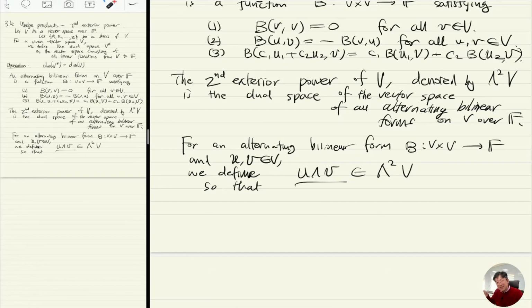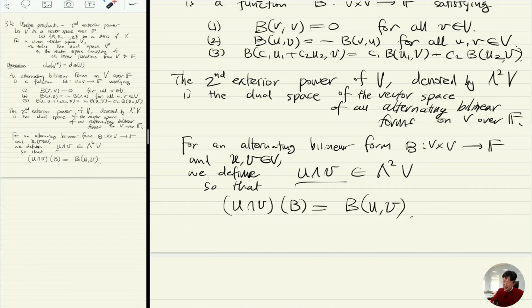That means it maps a linear function, right? Whenever I give it an alternating bilinear form, it has to give some number, something in F. So u wedge v applied to B is going to be B of u, v.